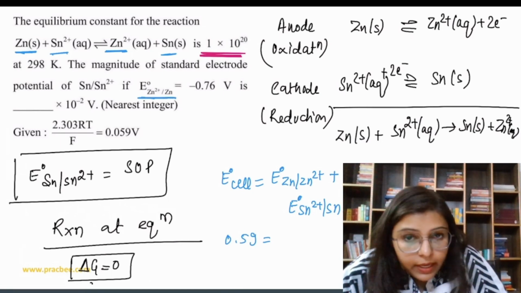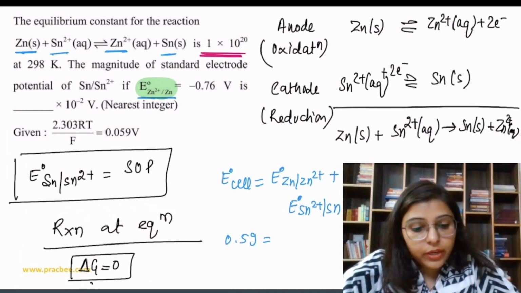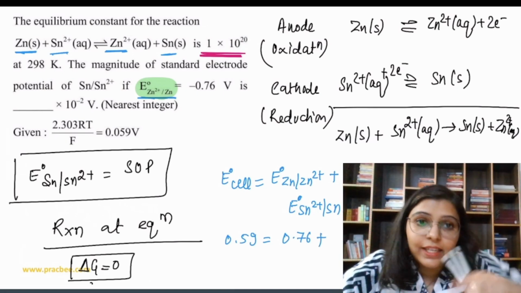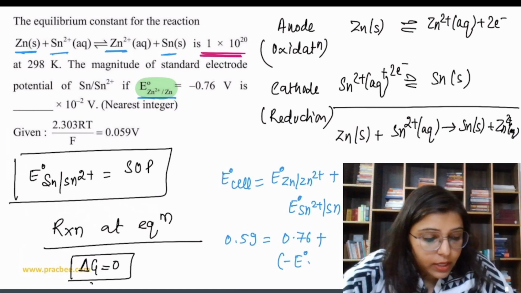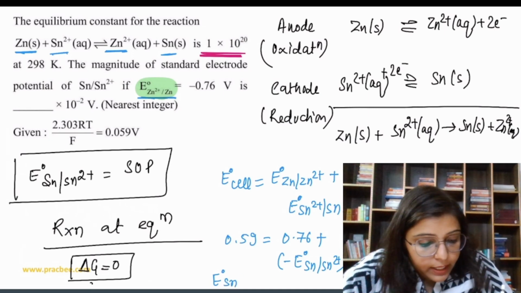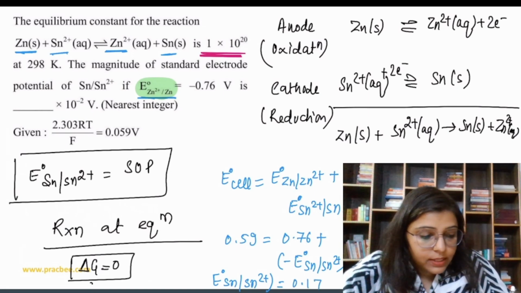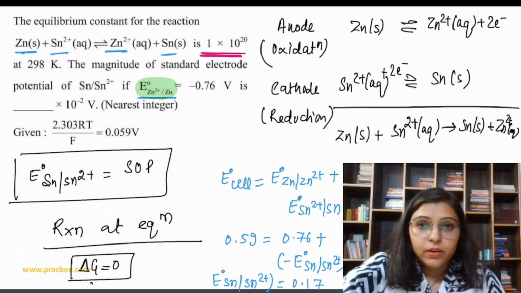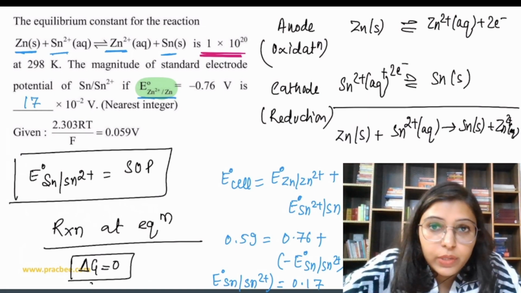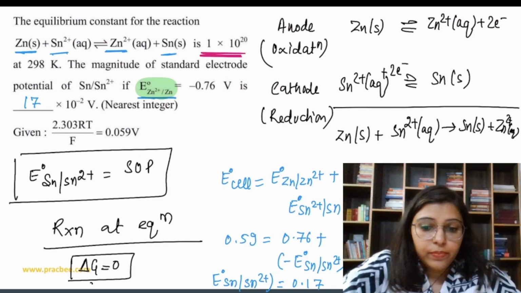Here in the option Zn2 plus to Zn is given, so Zn to Zn2 plus is going to be 0.76, plus we have to find for Sn to Sn2 plus. So this is minus E naught Sn to Sn2 plus. On solving, we get E naught Sn to Sn2 plus as 0.17, which we can report as 17 into 10 to the power minus 2. So the answer is 17. Clear? That's it.